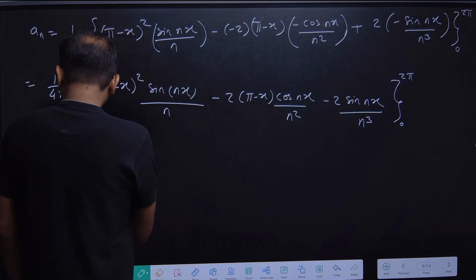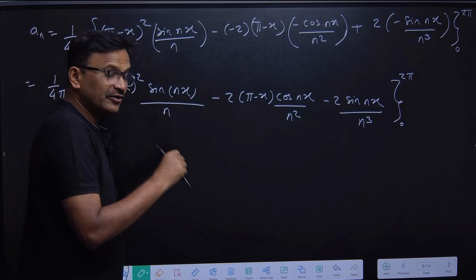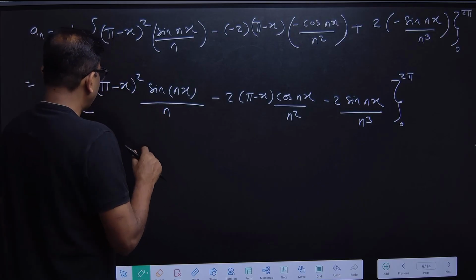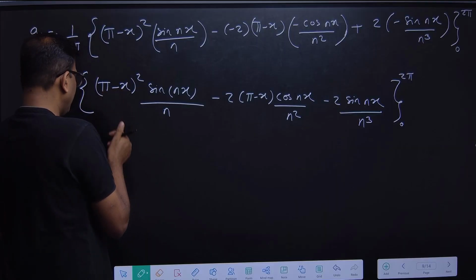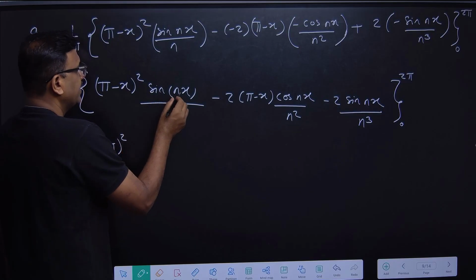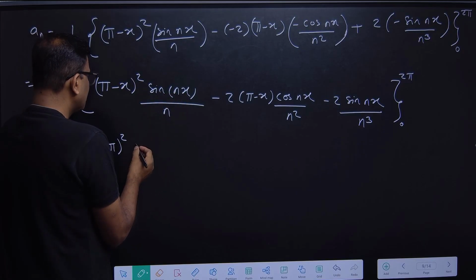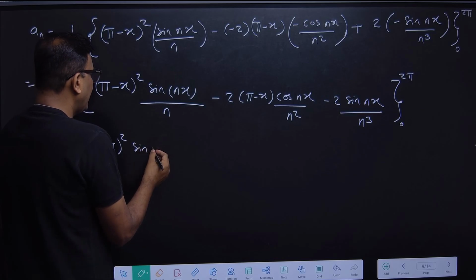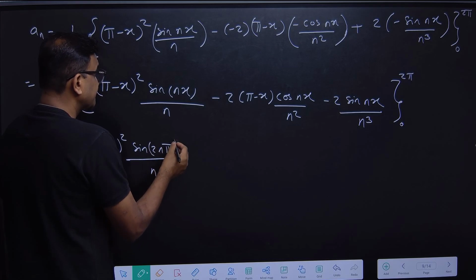So this becomes 1 upon 4 pi. After practice, you may skip some steps, but now I'm writing all the steps in detail so that we understand it well. This will become pi minus 2 pi, which is minus pi, and it is the square of that. Here, putting x as 2 pi, this will be sin of n into 2 pi, or you can write sin 2n pi directly, upon n as it is.